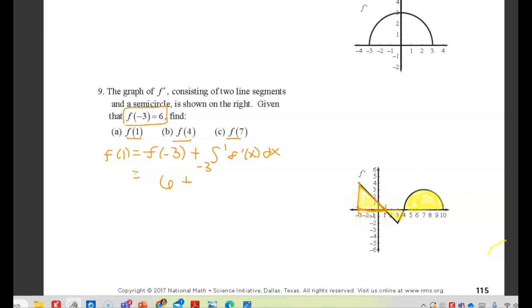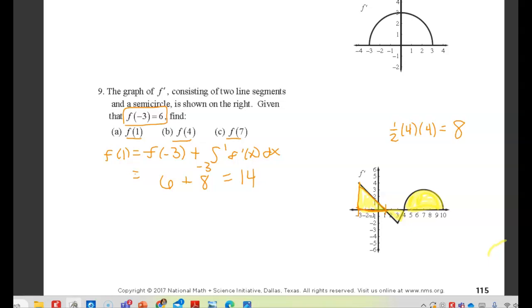That triangle has a base of 4 and a height of 4. So we get 8. Okay, so you have f of 1 equals 6 plus 8, which is 14.